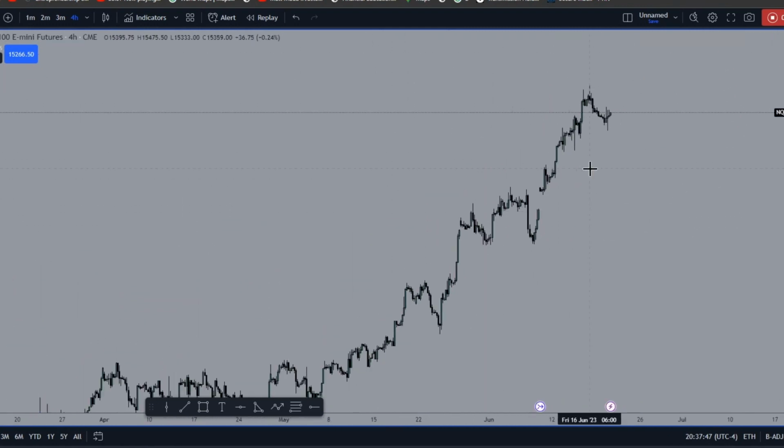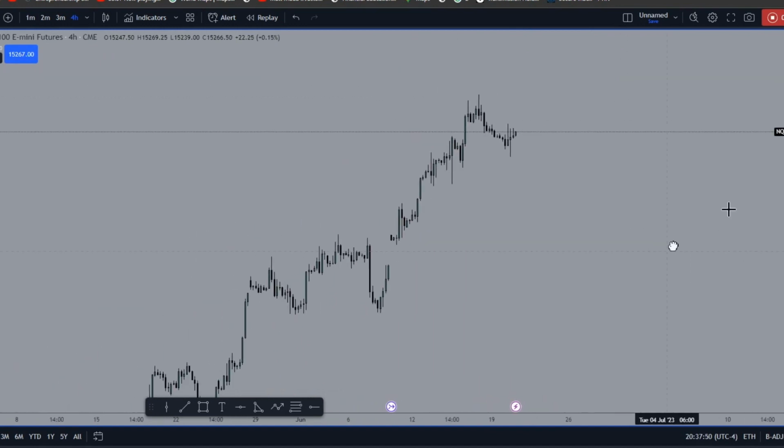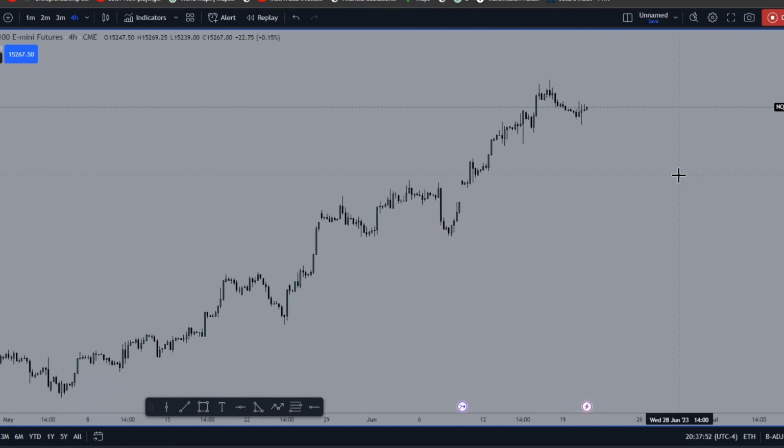The most important thing here for you to look at is the major highs and the major lows. See, this is a major low. See, major low, and this would be a major high.